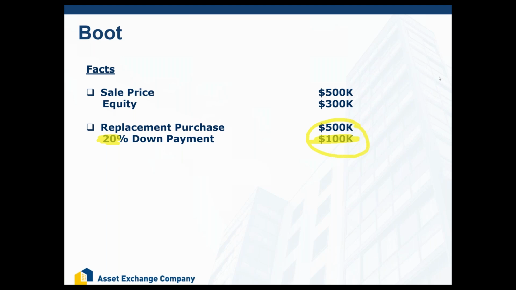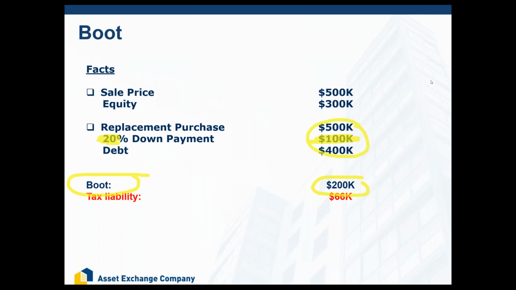And in a 1031 exchange, that causes a problem because you have $200,000 of cash that's left over. And again, we call that boot. And if you do not go out and use that money to buy another property, guess what? You've got a $66,000 tax bill.